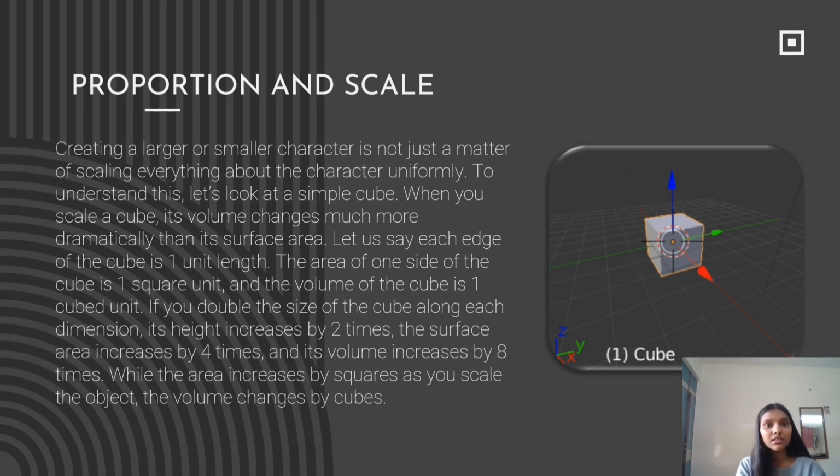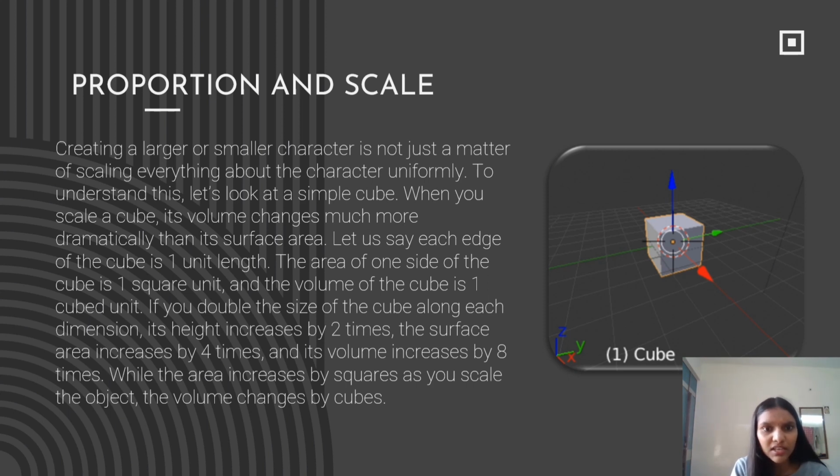In this slide, let's see the proportion and scale used in an animation. Creating a larger or a smaller character is not just a matter of scaling everything about the character uniformly. To understand this, let's look at a simple cube. When you scale a cube, its volume changes much more dramatically than its surface area. Let us say an edge of a cube is 1 unit length.